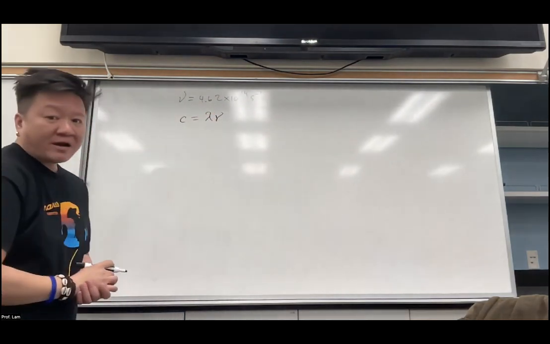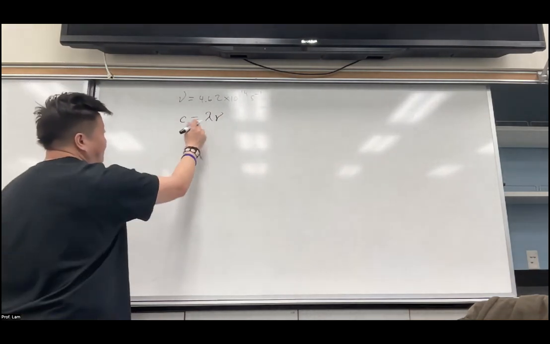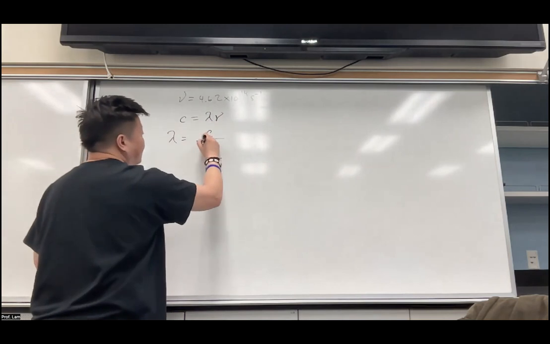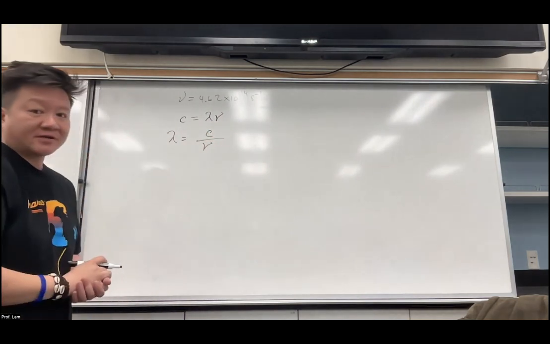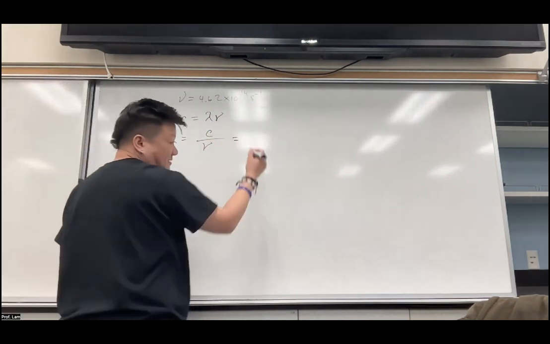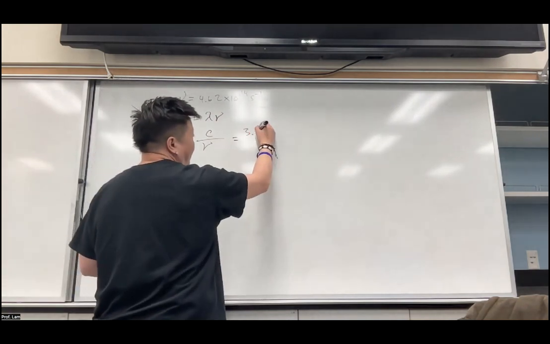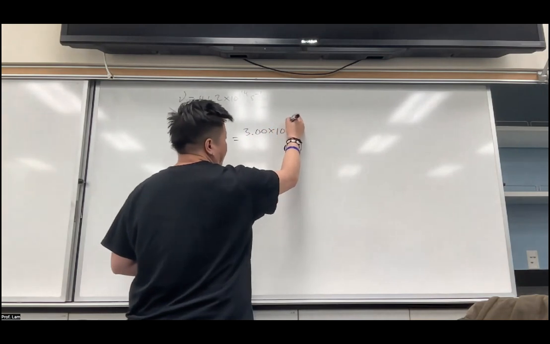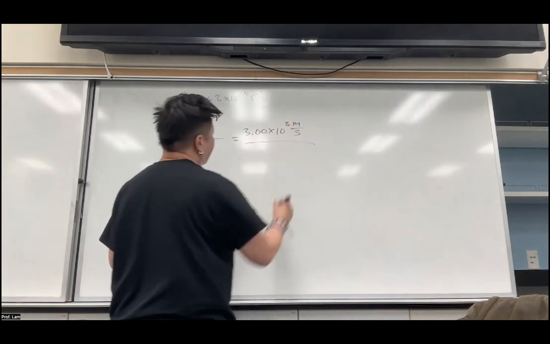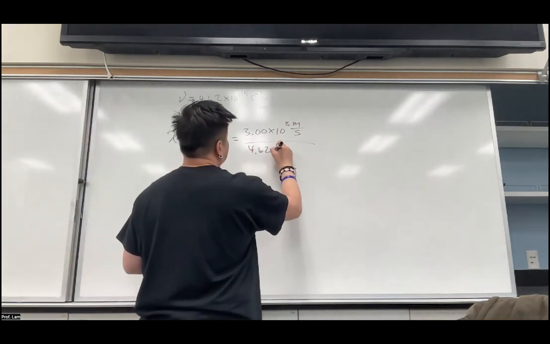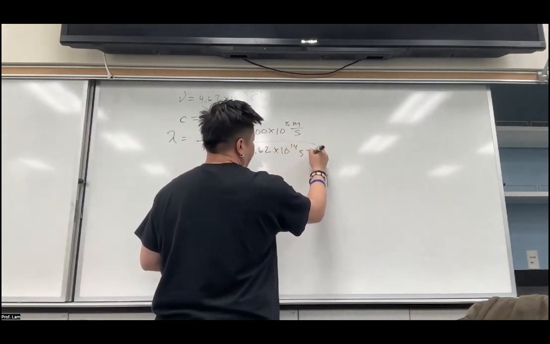We are asked to solve for wavelength, so we are asked to solve for lambda. Lambda is equal to c over frequency. And c is the speed of light, right? Just a constant. It's the same every time. You gotta memorize it: 3.00 times 10 to the 8th meters per second. You divide by frequency, which is given to us as 4.62 times 10 to the 14th inverse seconds.